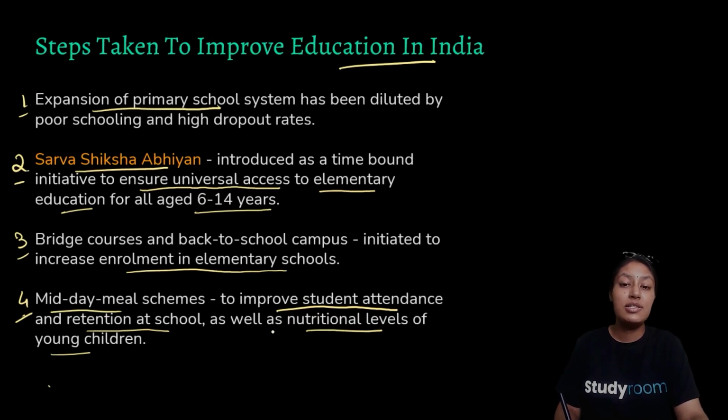Their parents send them to school so that they get a midday meal, so that at least they could be nourished well. So this was a two-goal thing which has been set. It helps in improving attendance in school, and second, it gives nourishment to the young child.